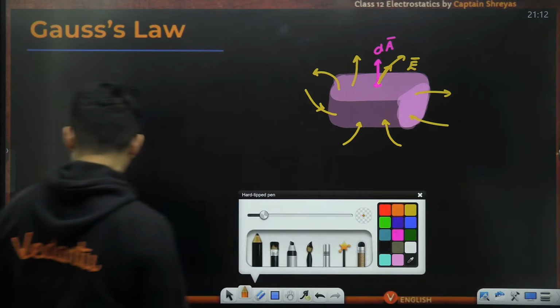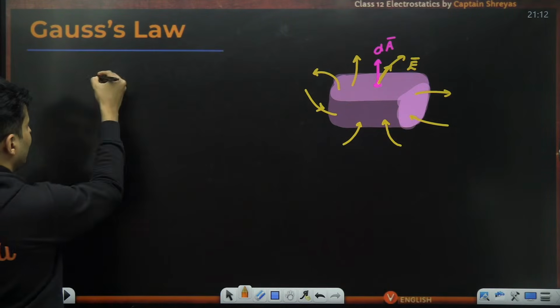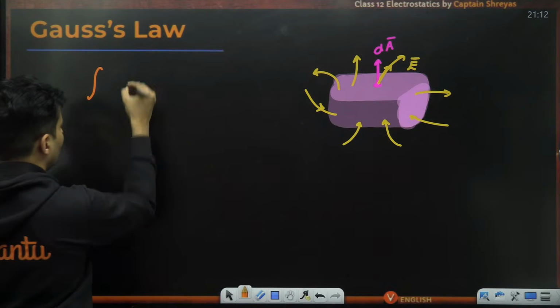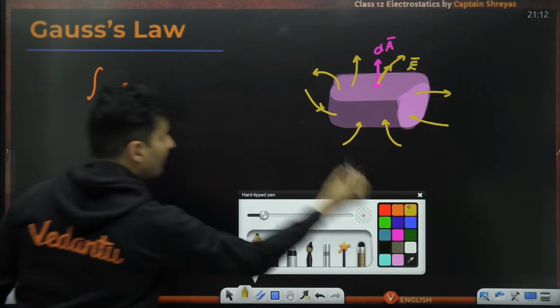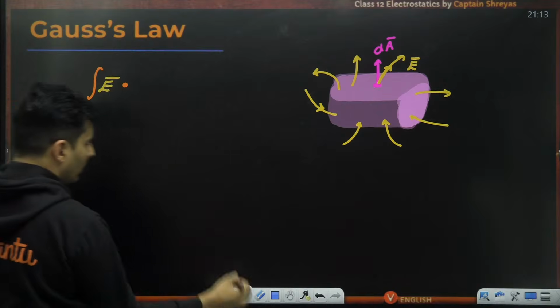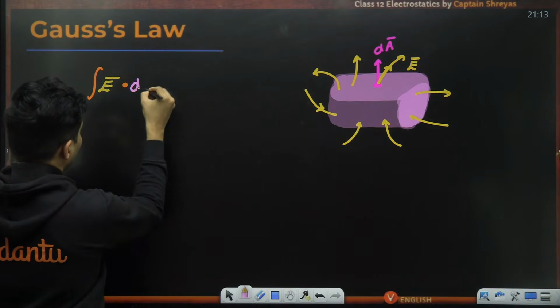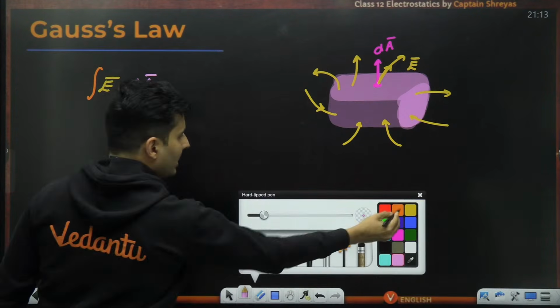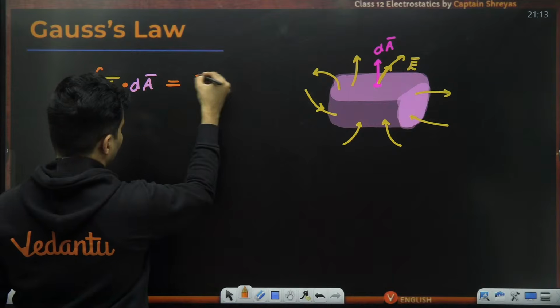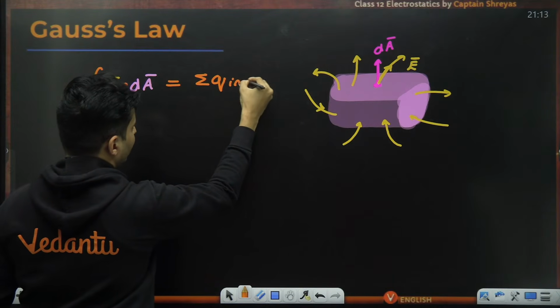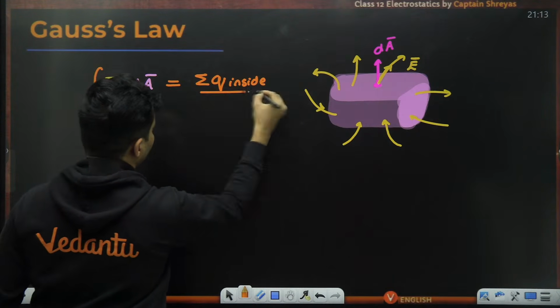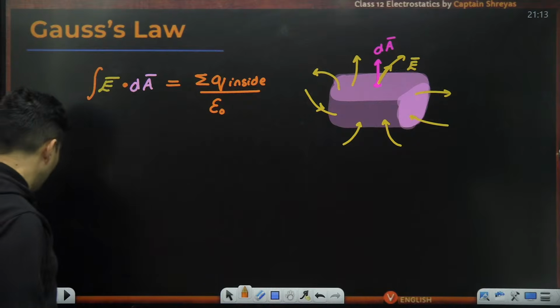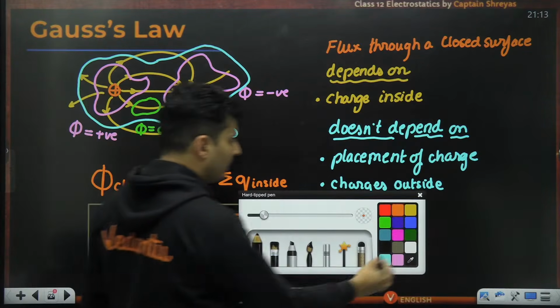So the flux through the closed surface, I will write it down like this: integration of electric field dot producted with the area vector, which will be equal to the total charge which is present inside, the whole thing divided by epsilon naught being the permittivity.